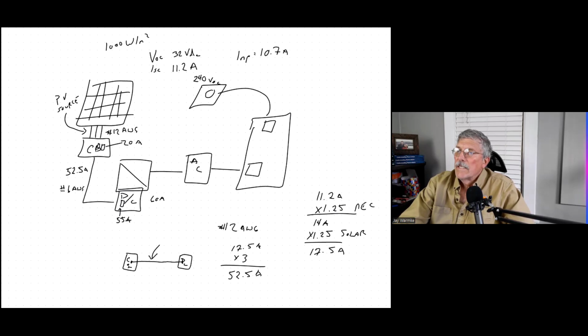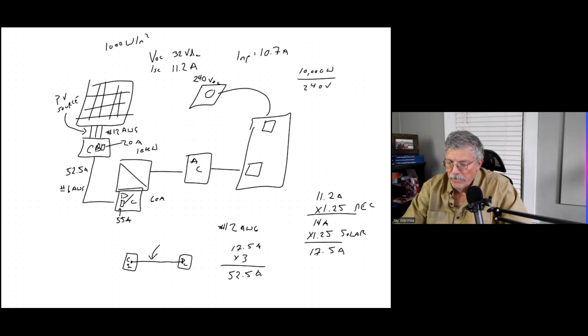Now, let's say that this is a 10 kW inverter, 10,000 watts. Watts equals amps times volts. So amps would be watts divided by volts. So if I've got 10,000 watts divided by 240 volts, then the output divided by 240 gives me 41.67.